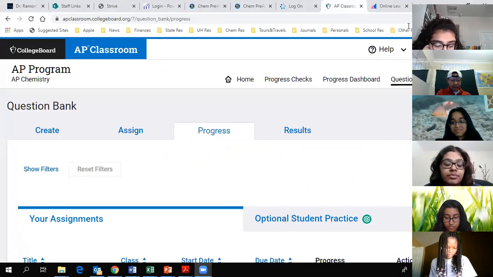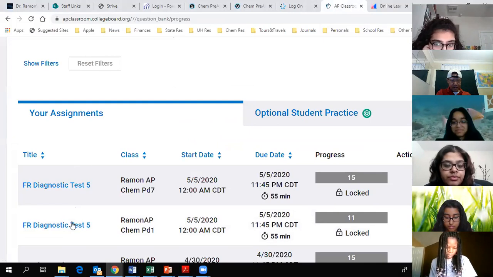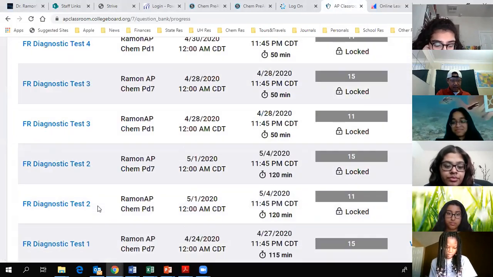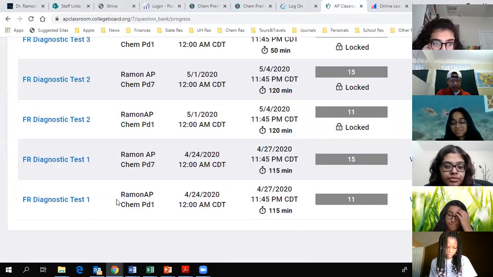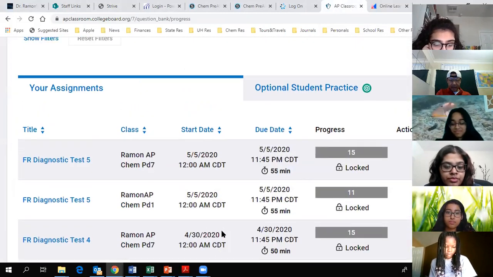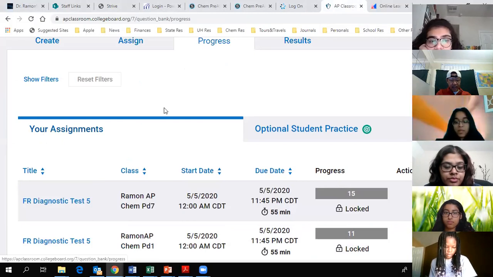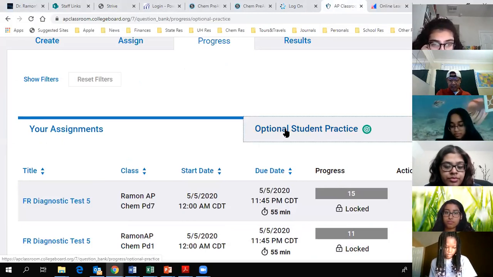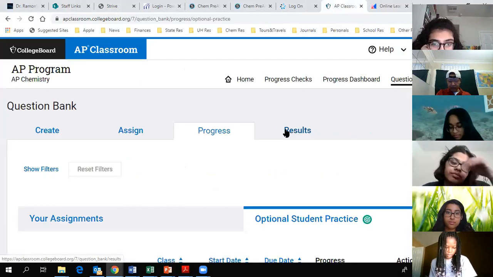See, the diagnostic tests are assignments I've assigned you. These ones. Okay? And they're already all programmed there. It's going to open up on the correct date. But beside that, there are actually optional student practice. And these are actually all available for you now. There's a tab there for optional practice.